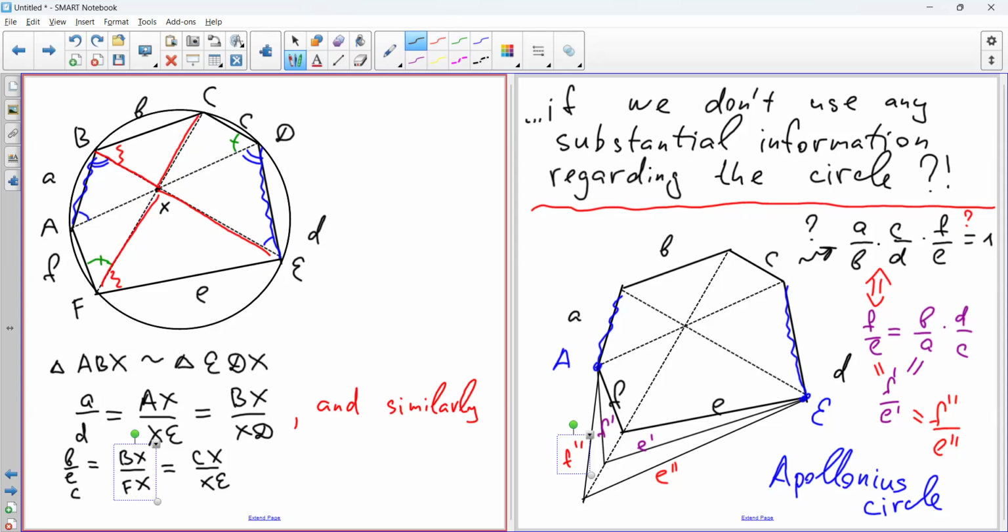And the third would be C over F, C over F equals, from these triangles, CX over AX, which is equal to DX over FX.